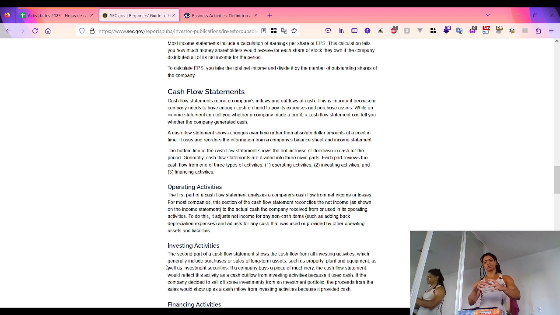To do this, it adjusts the net income for any non-cash items that affect the income statement, such as depreciation and amortization, stock-based compensation, and also it adjusts any cash that was used or received from other operating assets and liabilities.